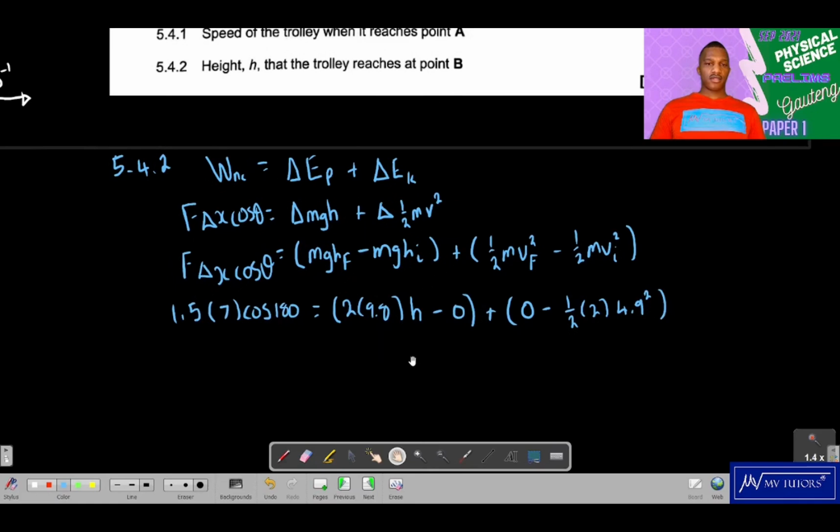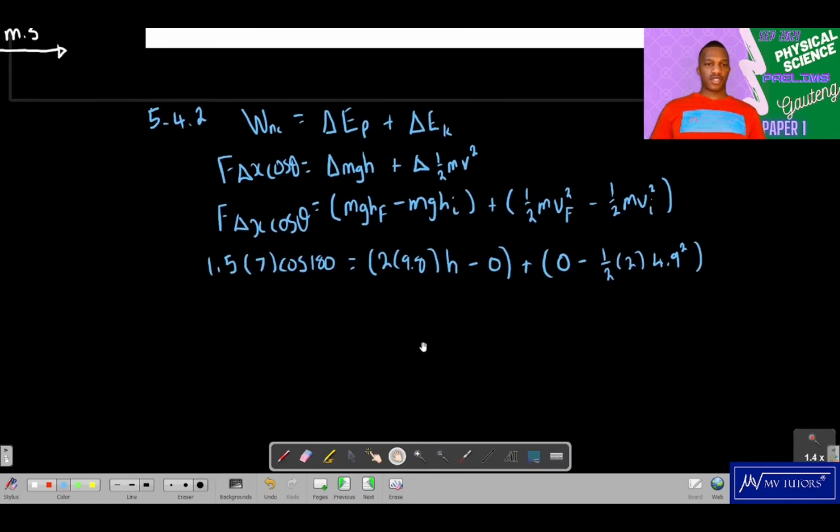Cool. All right, so all we have to do now is just some mathematical gymnastics. It's going to be a lot of work, but let's get right into it. We'll use the calculator once. So this stays exactly as it is. Cos of 180 is minus 1.